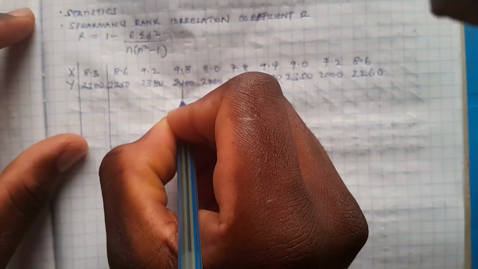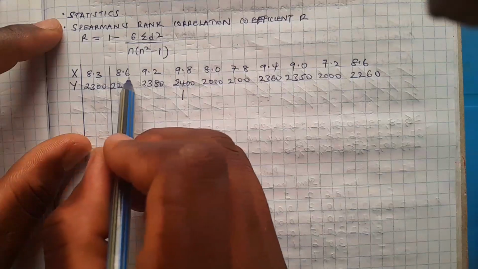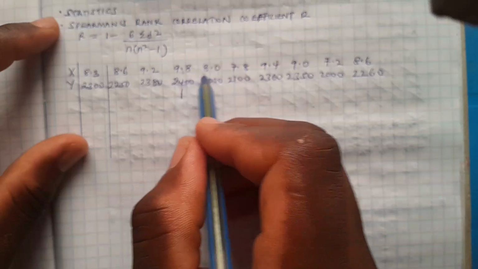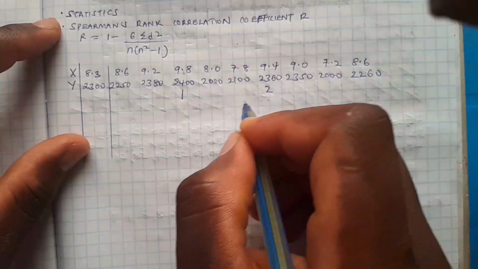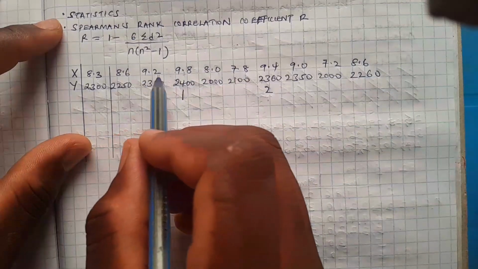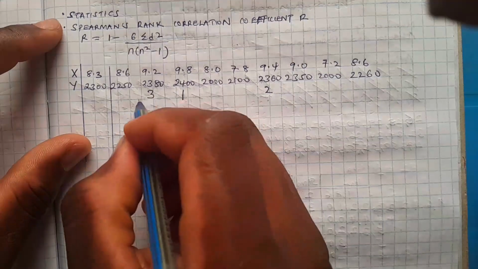Now it is the first rank. We proceed and look at the next data entry following 9.8. We find that it is 9.4, which has the second rank. We proceed and we have 9.2 having the third rank.